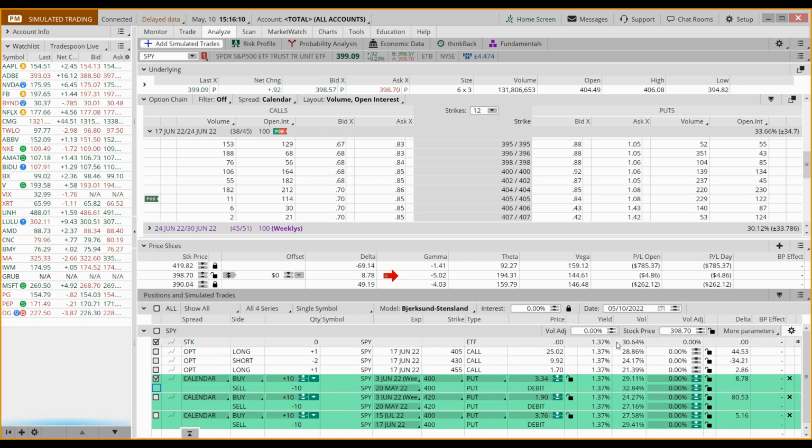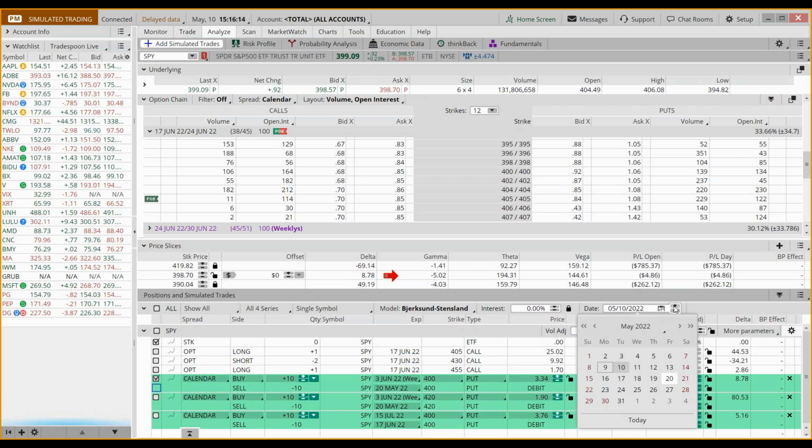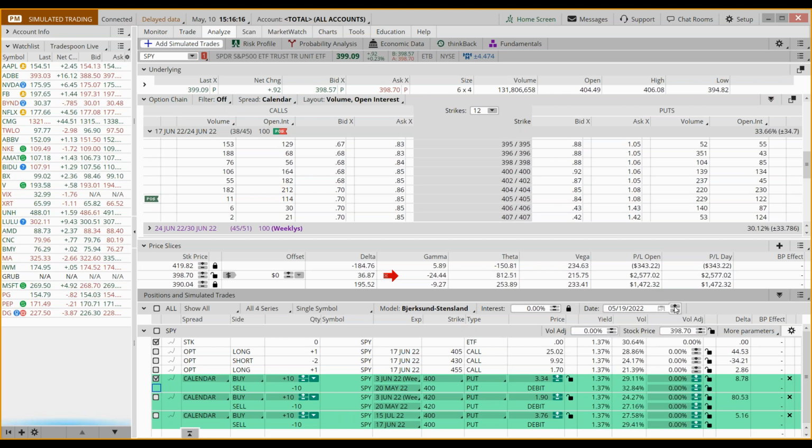So there is your gamma risk, Ed. It definitely is going to be in the last week, right? If I start to go through this, you'll see that as time ticks, gamma gets worse, right? And you'll notice it reset here. It got to about minus 40. Then what happens? Well, if I keep advancing my trade, the May 20th option has already expired, so that's not necessarily helpful to me.